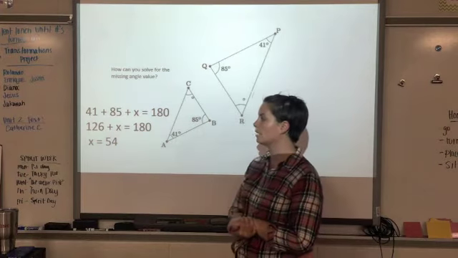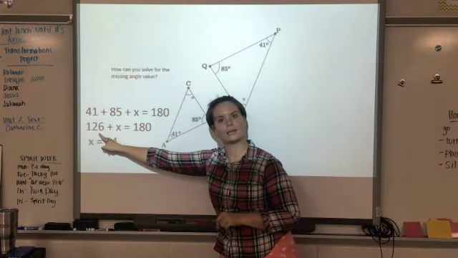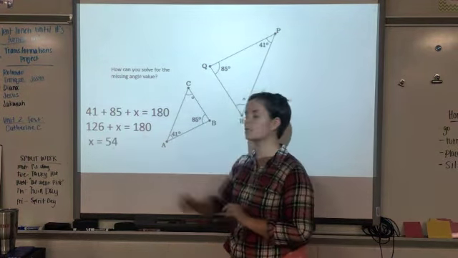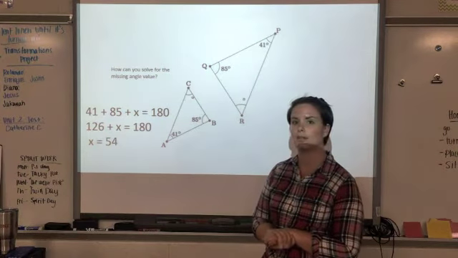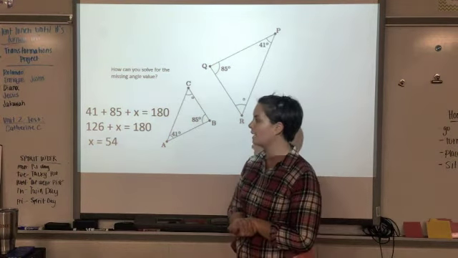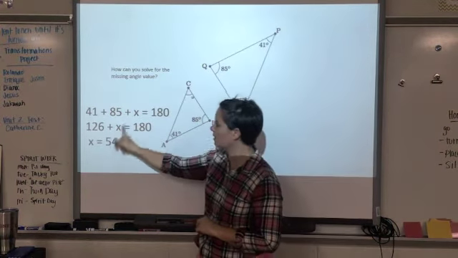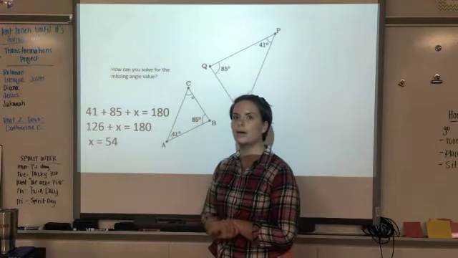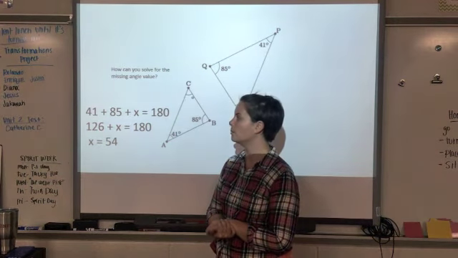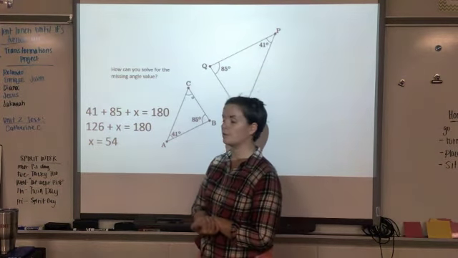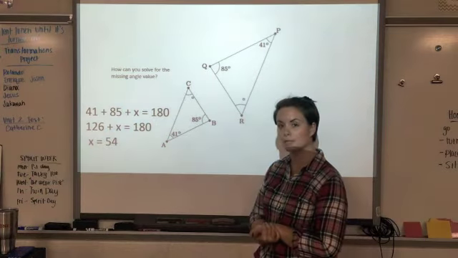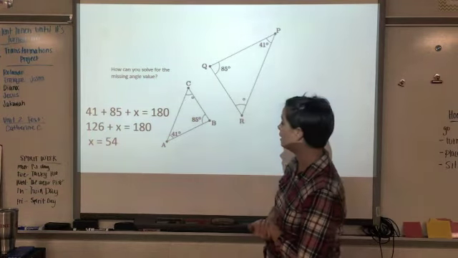Now, to solve for x, you just simply need to subtract this 126 from this 180 to find your missing value. X equals 54. How do I know that's true? Well, if I plug in 54 for this x value, I have 41 plus 85 plus 54. If you add up those numbers, they do equal 180.